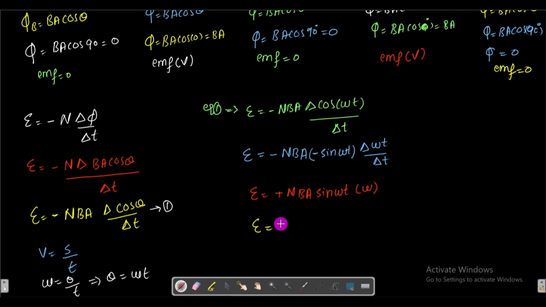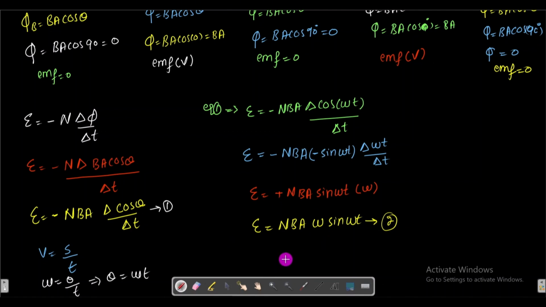On further simplification it becomes N B A omega sine omega t. We put this omega before the sine omega t. It gives us this, and let's call this equation 2.